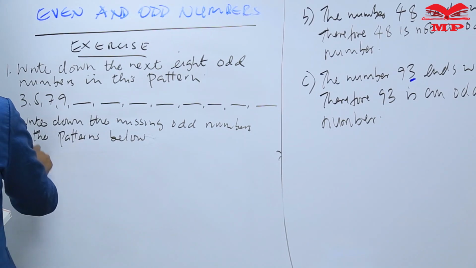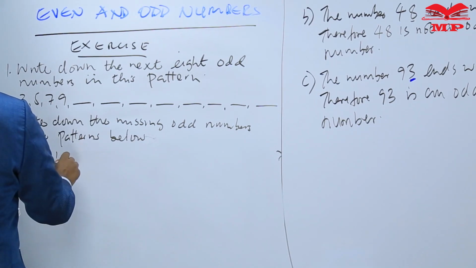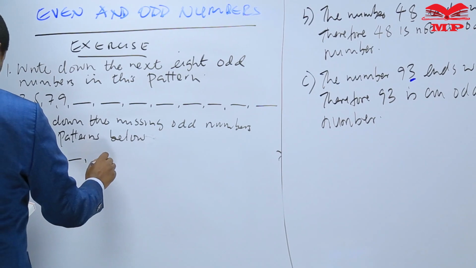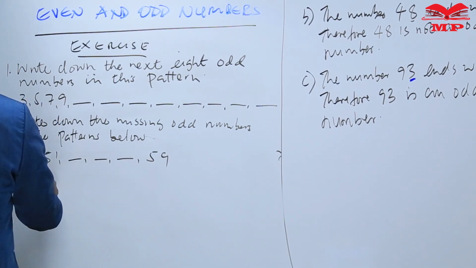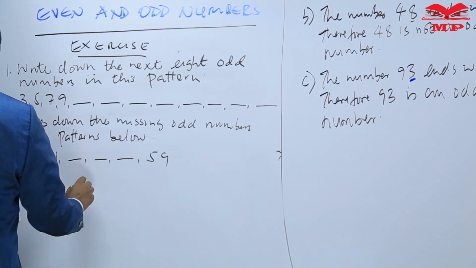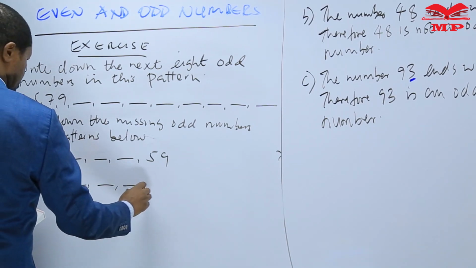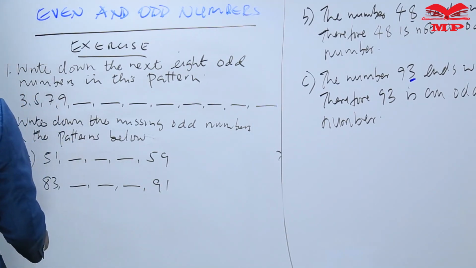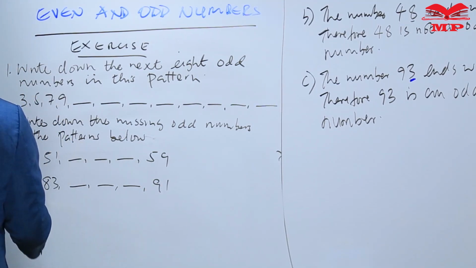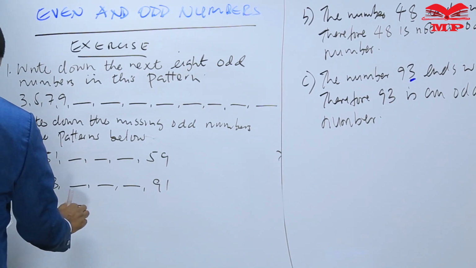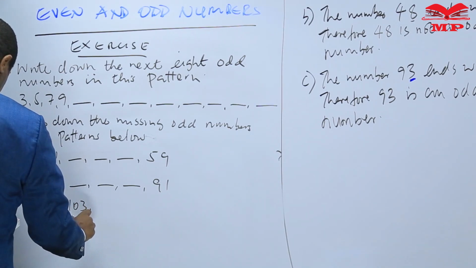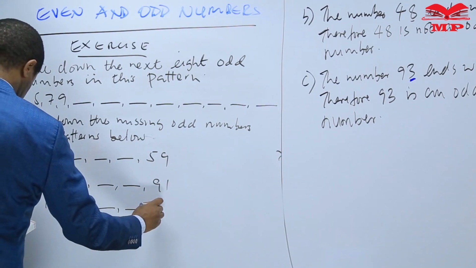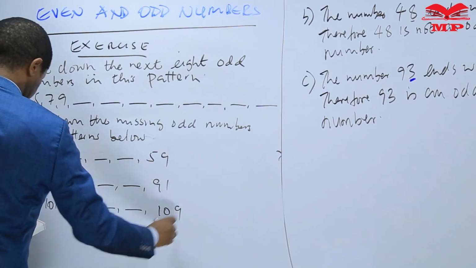A, we have 51 dash 59. B, 83 dash 91. Then next we have C, 101 dash, no, it's not dash, but 103 dash 109.